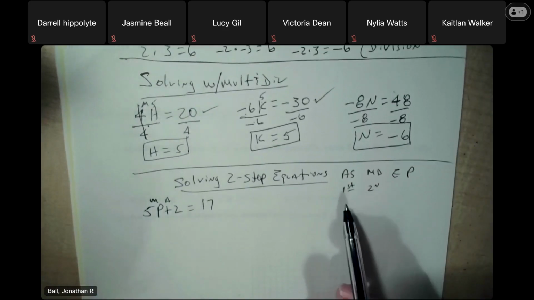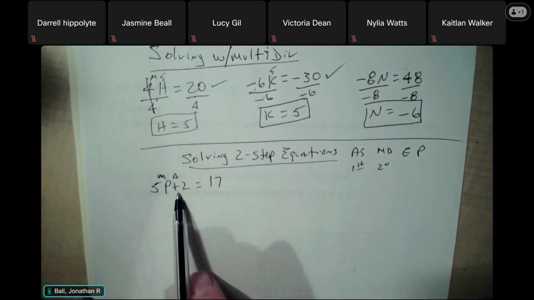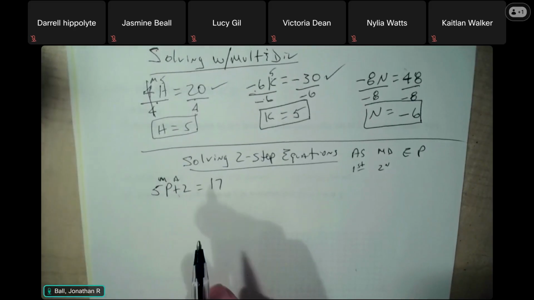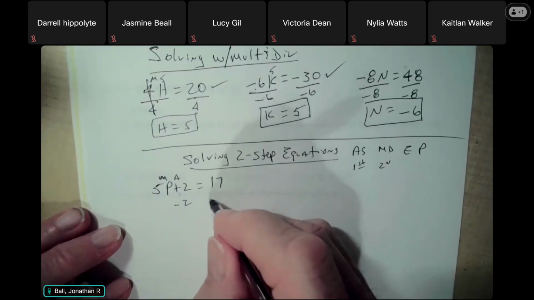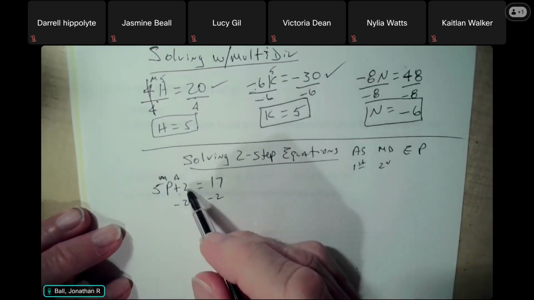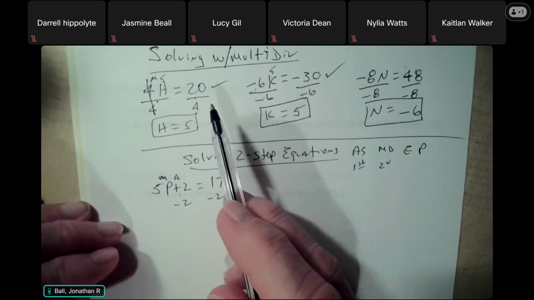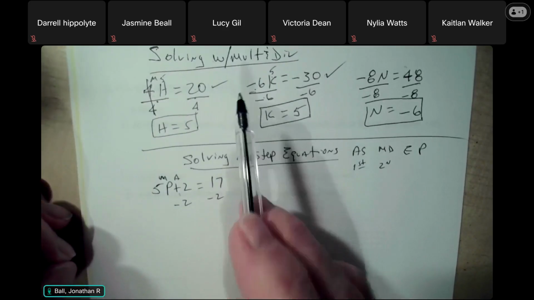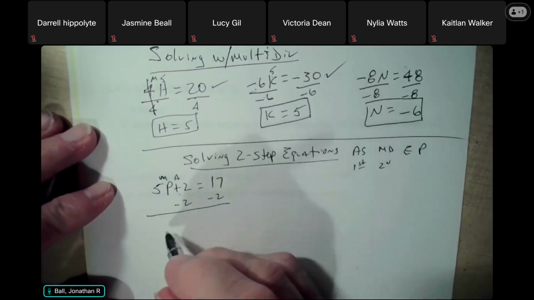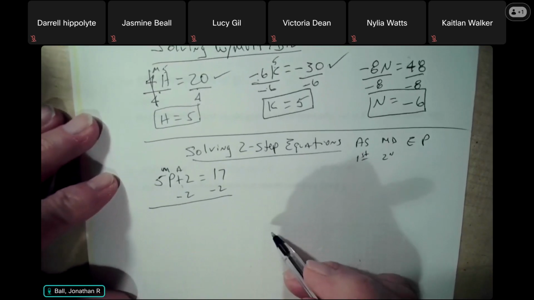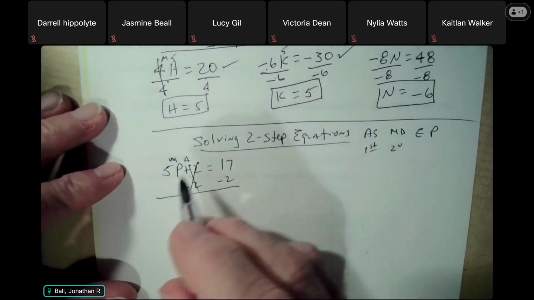So the first thing we get rid of is addition, subtraction. So we subtract 2 from each side. What we're doing here is combining the first set of equations that we did in the second part. But it's all the exact same thing. They really don't get any more difficult, they just get longer. So that's gone.